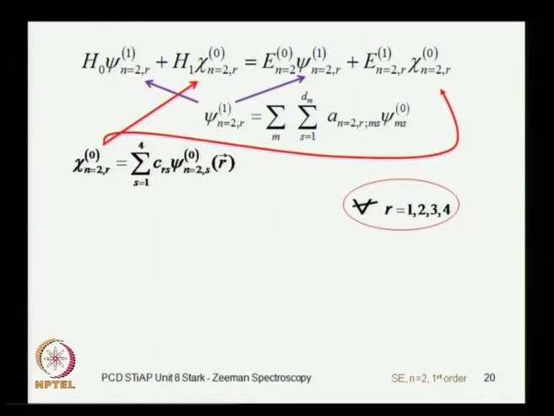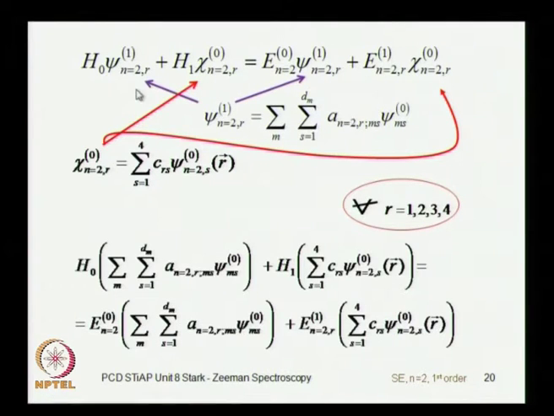So, now you can write this double summation over here, and this whole equation can be rewritten with H0, and this psi 1, which is the first order correction, is written in terms of this expansion. So, that goes into this bracket, plus H1 operating on this chi 0, but chi 0 is this expansion over the 4 degenerate states.